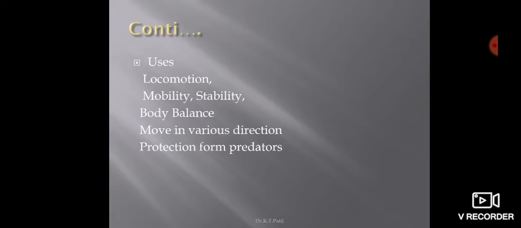Another thing, these fins provide mobility and stability, and they also help with body balance and moving in various directions. So fish can move in all directions because of these fins. They also provide protection from predators.